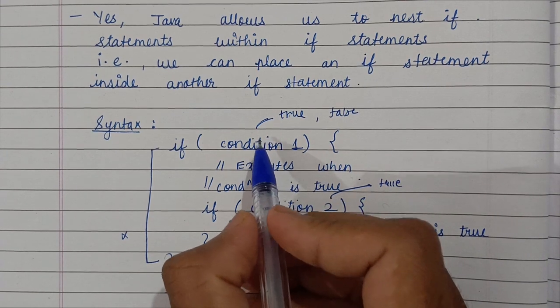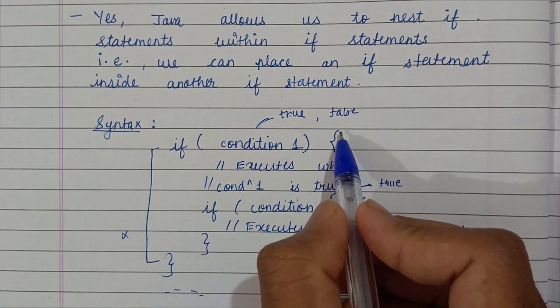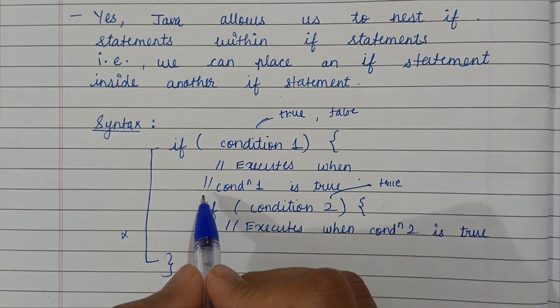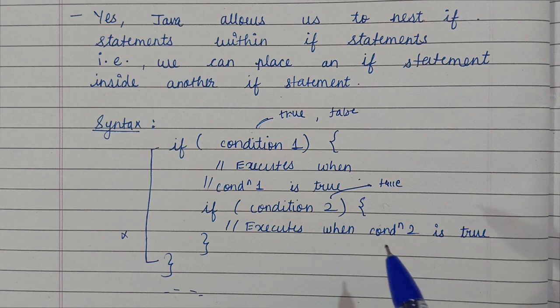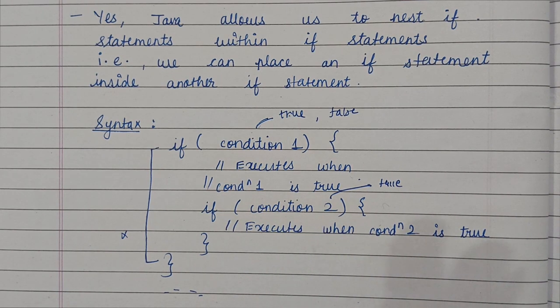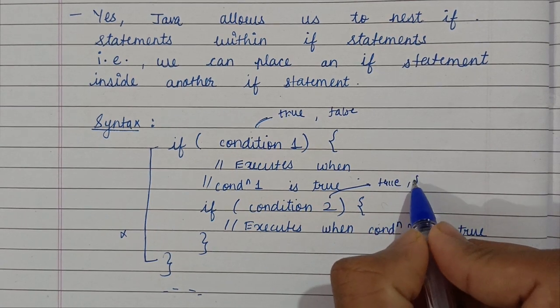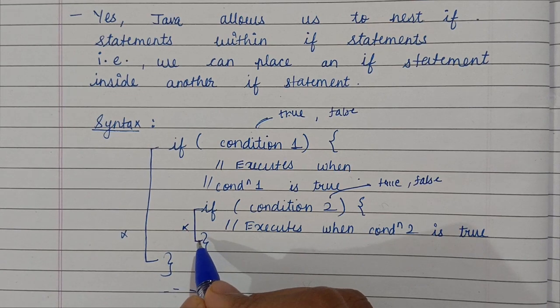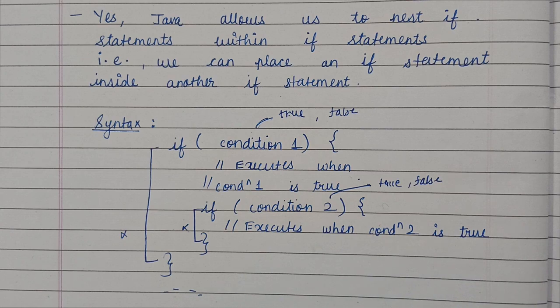If the first condition is true, the first block will be executed, and the second condition is false, so the second block will not be executed. It directly terminates and the next code will run. So let's see the demonstration of the nested if statements.